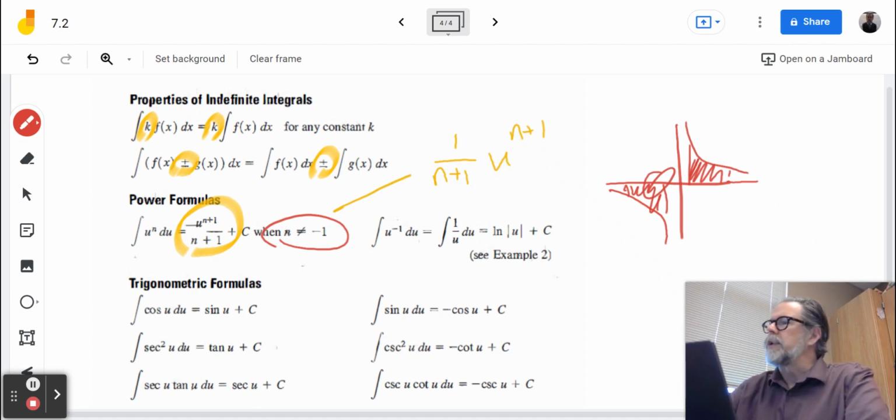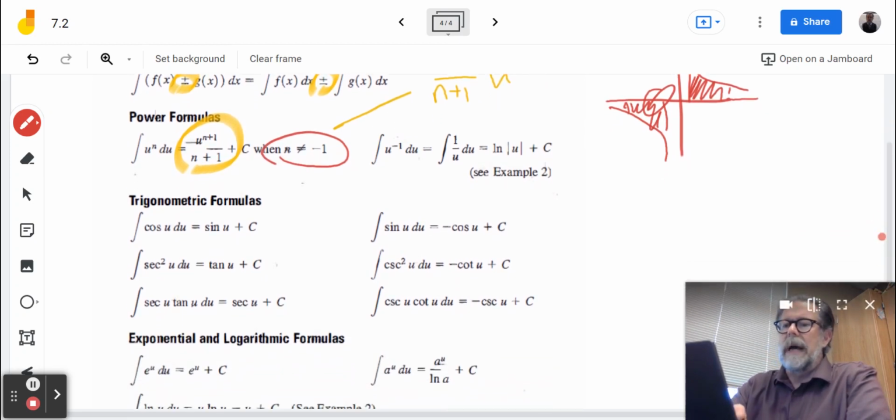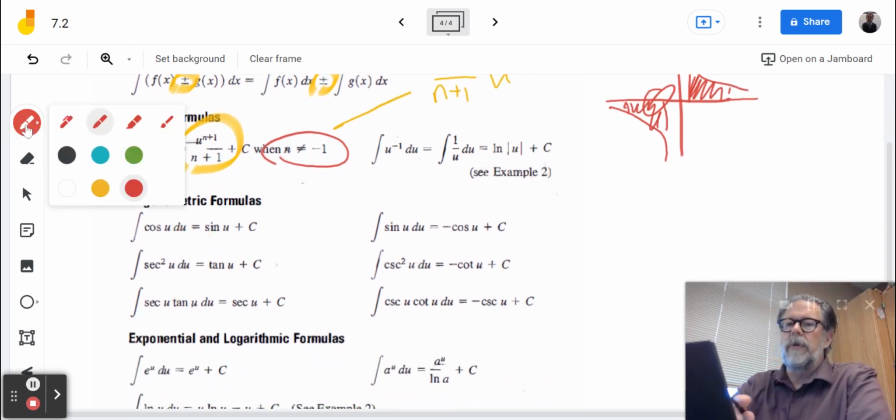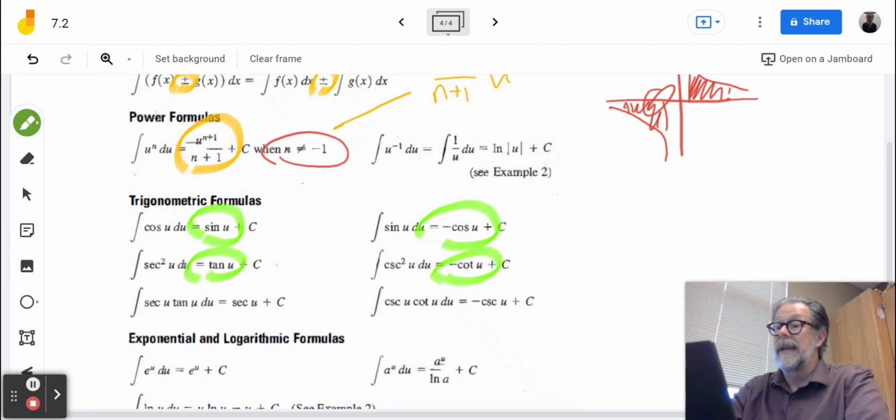All right, trig formulas, just quick. Derivative of sine is cosine, and therefore antiderivative of cosine is sine. Same thing with sine. Secant squared, derivative of tangent is secant squared, derivative of cotangent is negative cosecant squared, so we need a negative on the antiderivative.